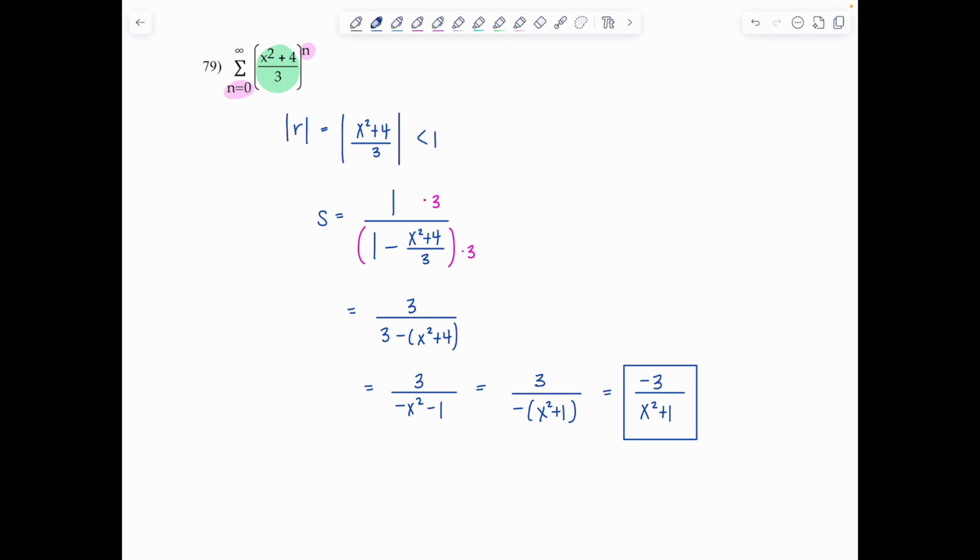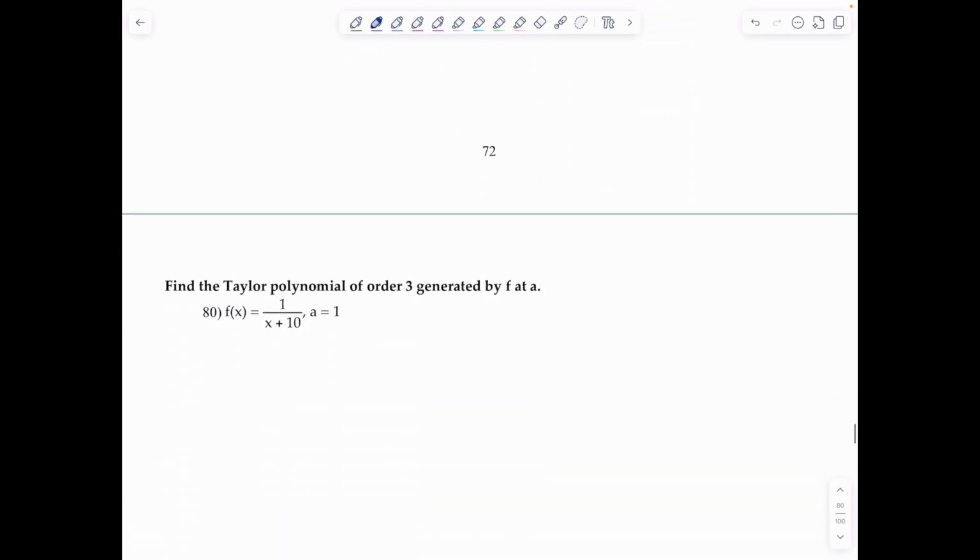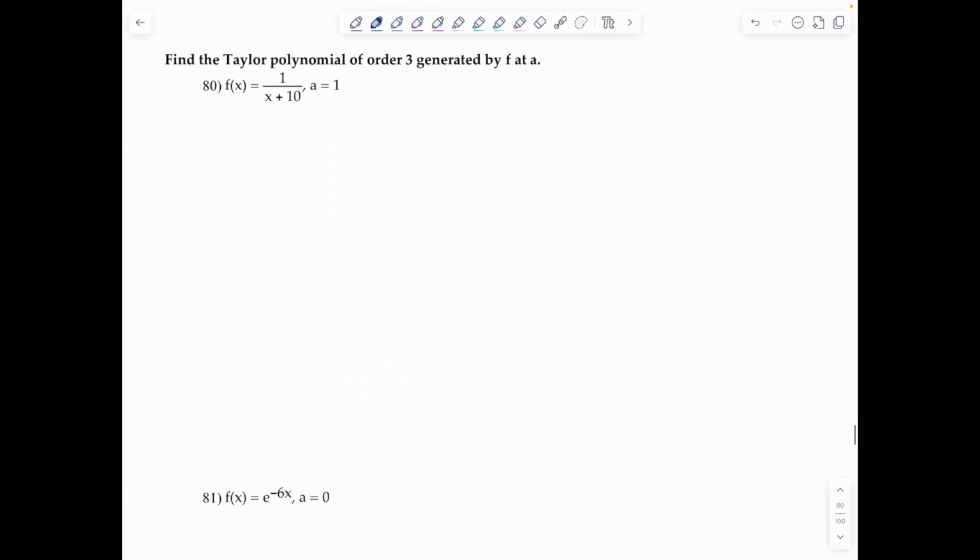Now for the exciting part. If nothing excited you thus far, hopefully this does. Find the Taylor polynomial of order 3 generated by f at a. So since our Taylor polynomial is only order 3, we're going to find T sub 3 of x.